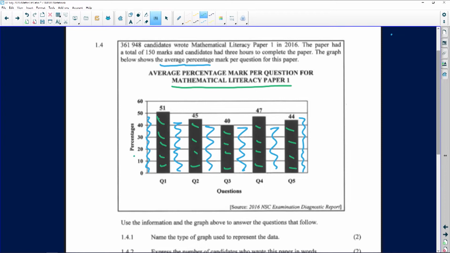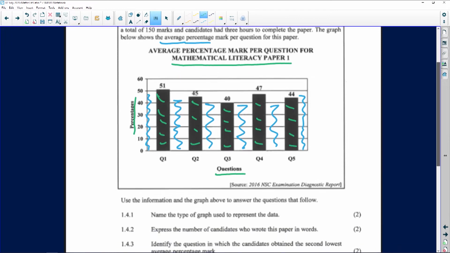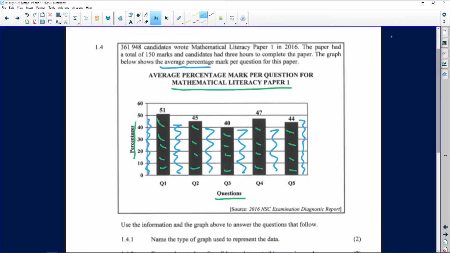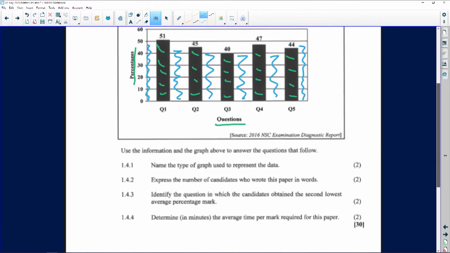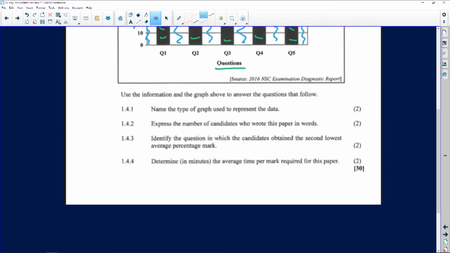You need to label your axis. There we go. It's been labeled for us. Sometimes you won't be given this, guys. You need to draw it for yourself. So you need to know how to do all of that. And that's why I went there and I made it all dirty like that, so that I could explain what you need to do whenever you're drawing it. Drawings have been some of the most difficult thing for learners.